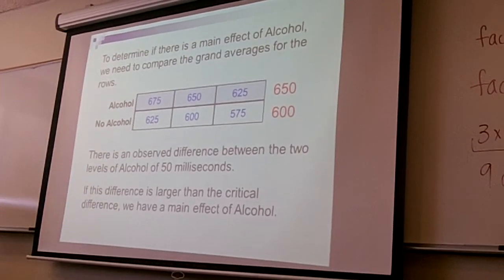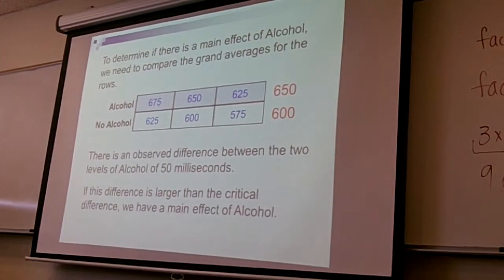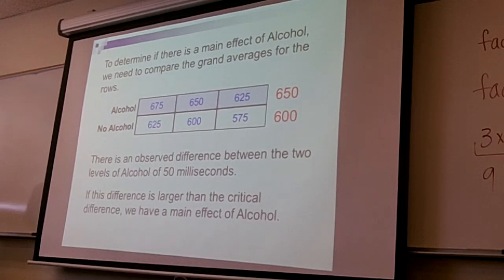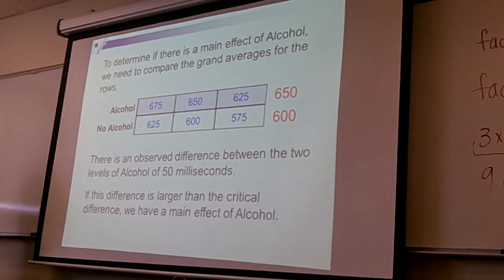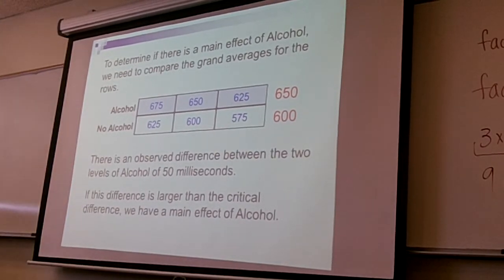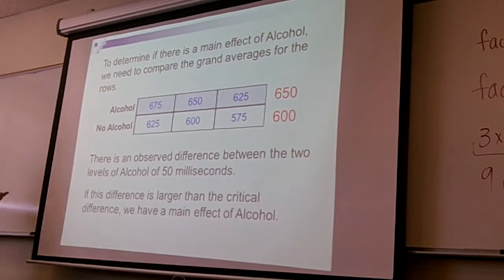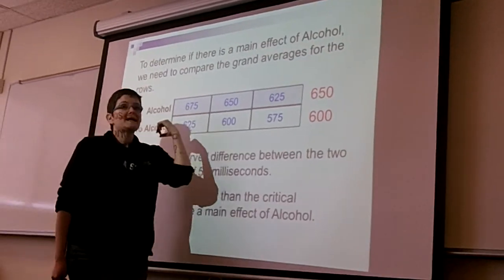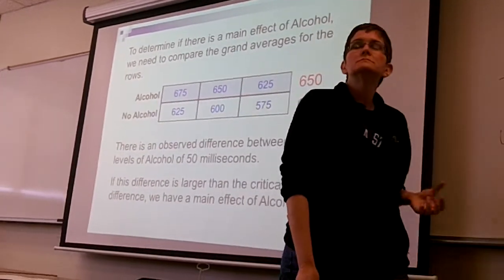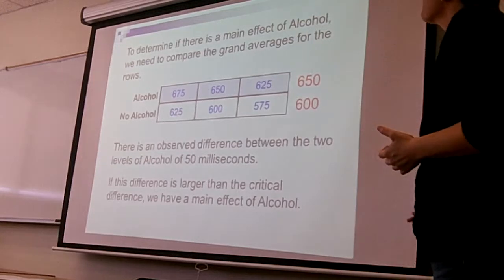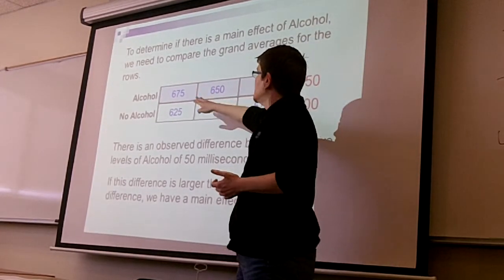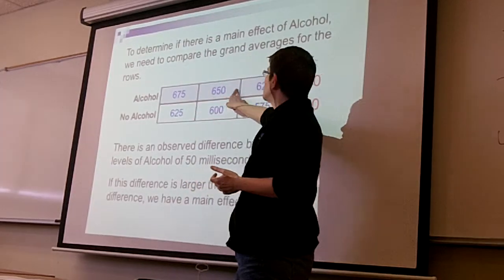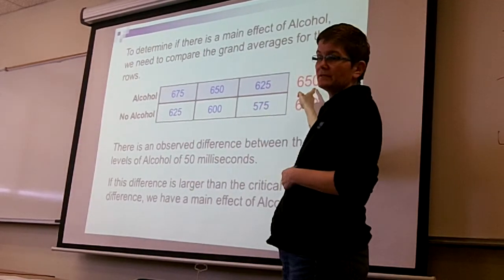So if we want to figure out if there's a main effect of alcohol, a main effect of that first IV, whether they were drunk or not, here's what we do. We're going to take a grand average and we're going to compare the 2 conditions. So if I take an average of these 3 numbers, that gives me 650.